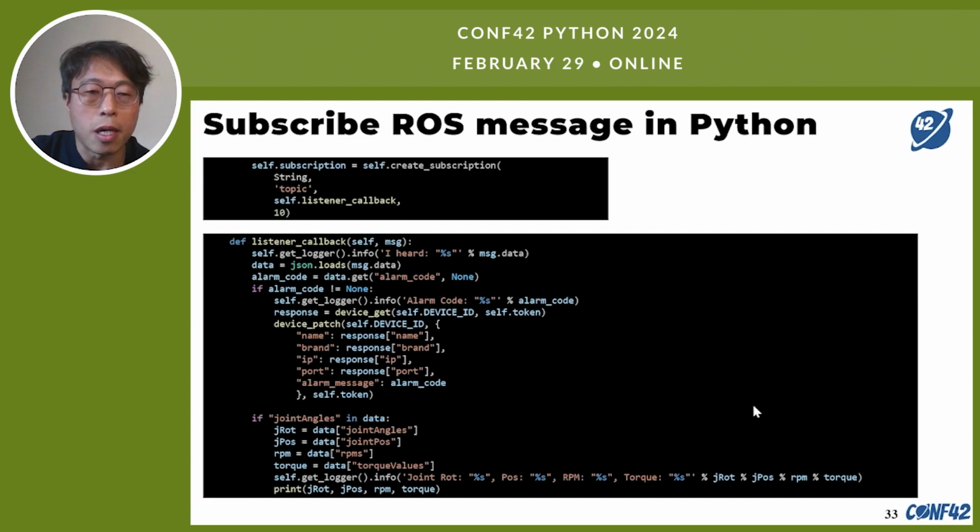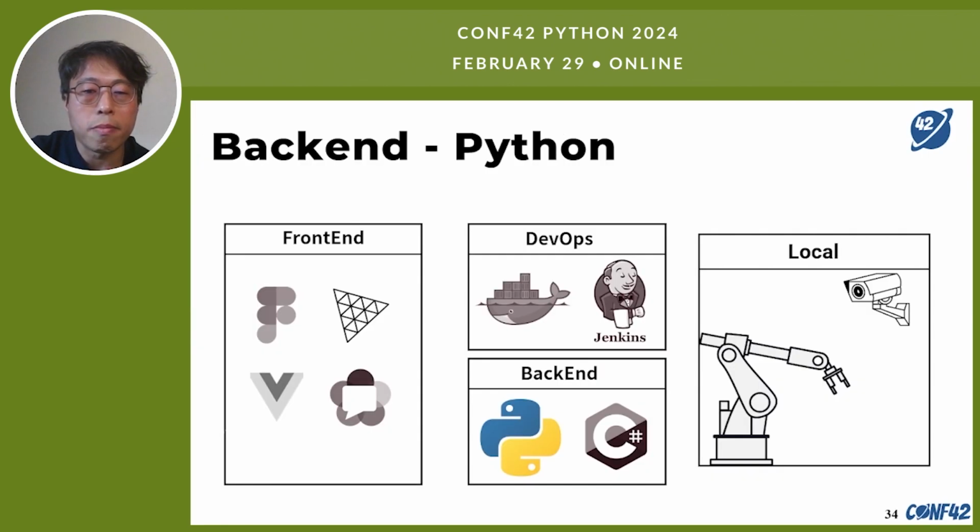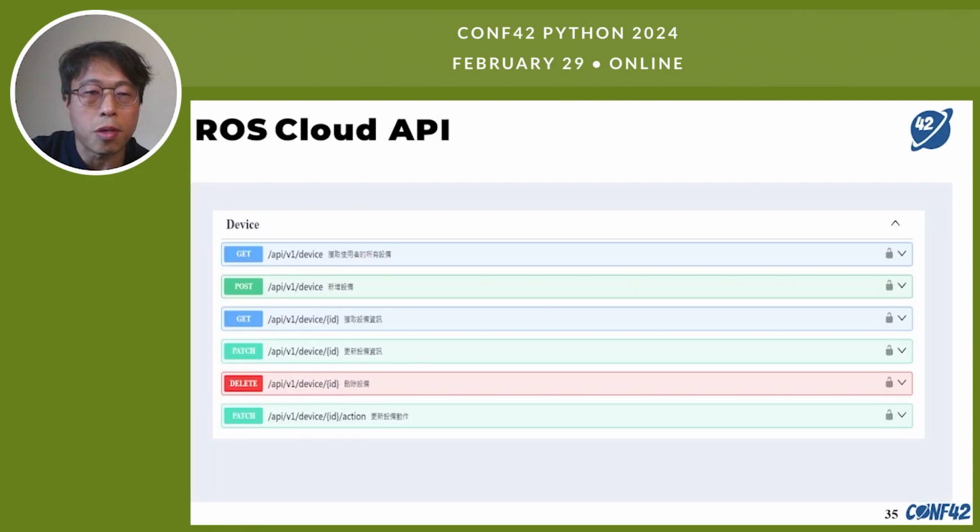Later we will tell more details about how we use Python connected with C# to control the physical robotic arm. On the backend side in Python, we also define the ROS Cloud API. First of all is the device category. The user can use this device API to register a new device when they want to add a new device into the ROS cluster.